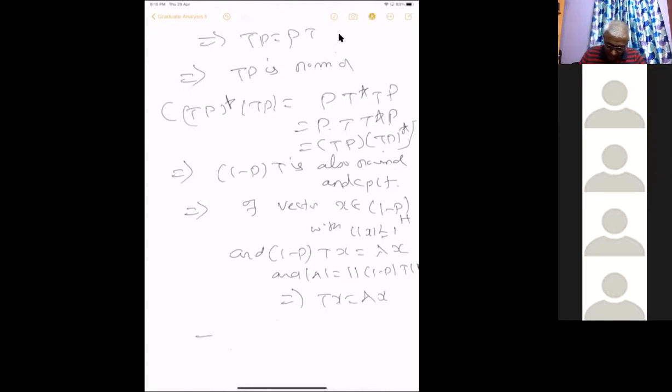So this implies this en is not maximal. Contradiction.